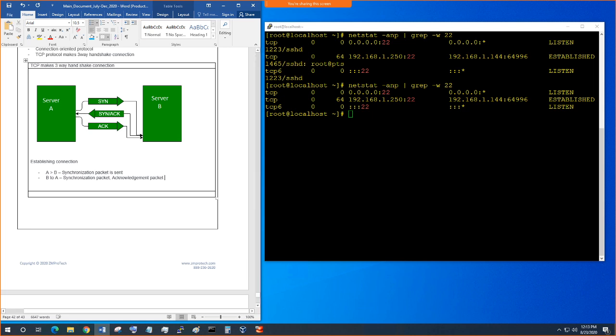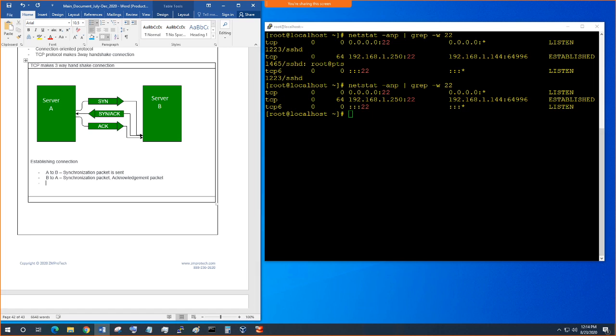What is the acknowledgement packet? That it received the synchronization packet from A first, A to B, and B to A. Then A to B sends another acknowledgement packet. So server B in one instant is sending both at the same time.